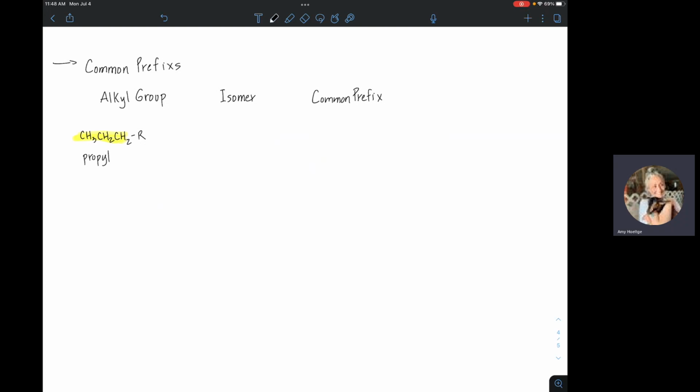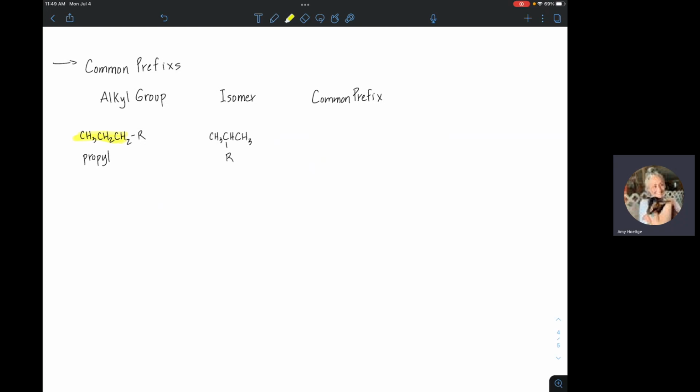An isomer of that would be like if I moved R to the middle carbon, right? So I would have CH3, CH, and I'm going to move that hydrogen off of the middle carbon and put it on the end here where the R group was, and I'm going to move the R here.